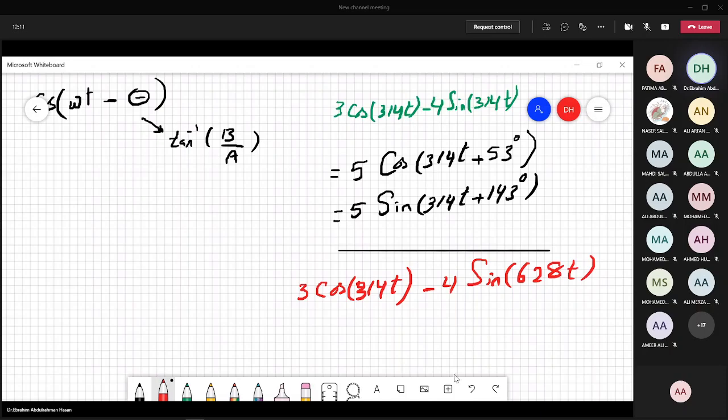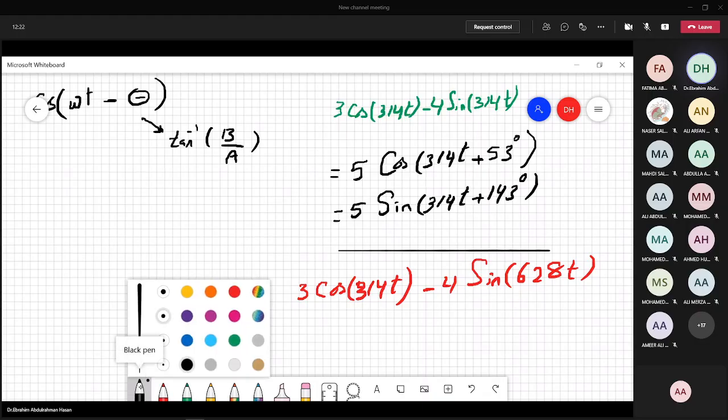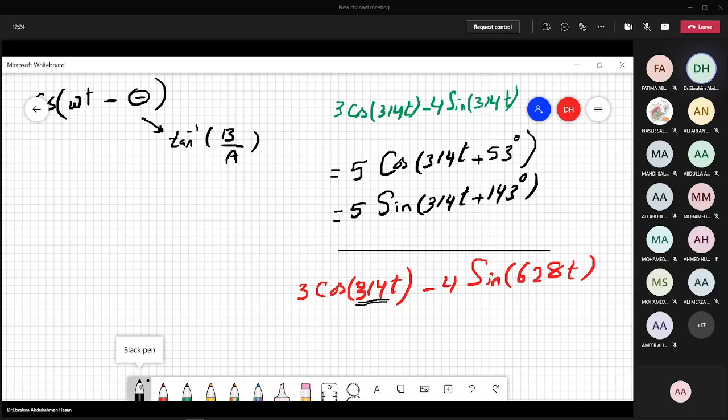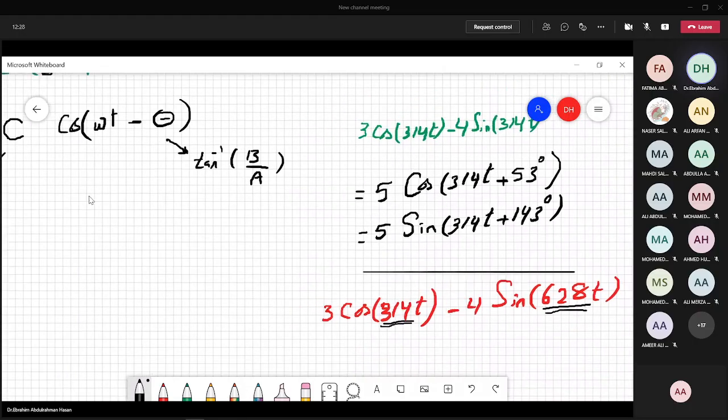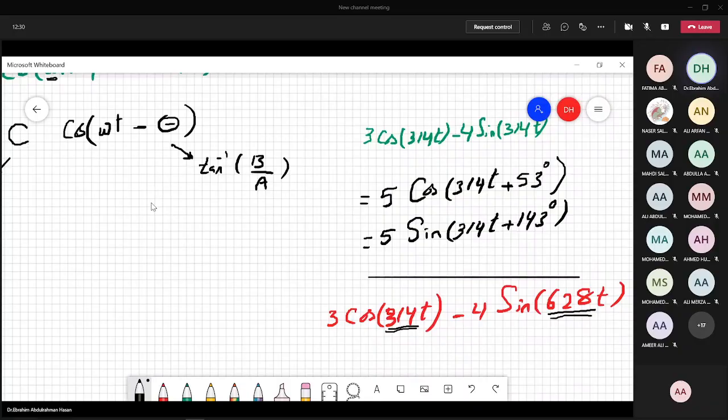If we have different frequencies, so I cannot apply this formula now. This formula doesn't work with it.